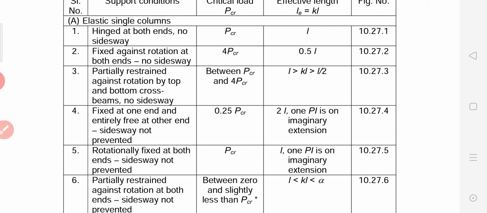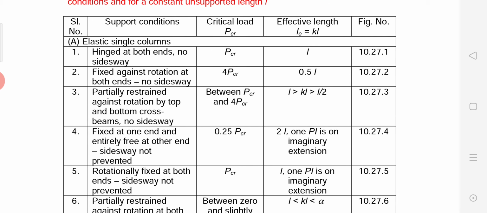First is hinged at both ends, no sideway. Then the critical load is PCR, effective length is L. When fixed against rotation at both ends, no sideway, then the critical load is 4 PCR, multiplied by 4, and effective length is L by 2.